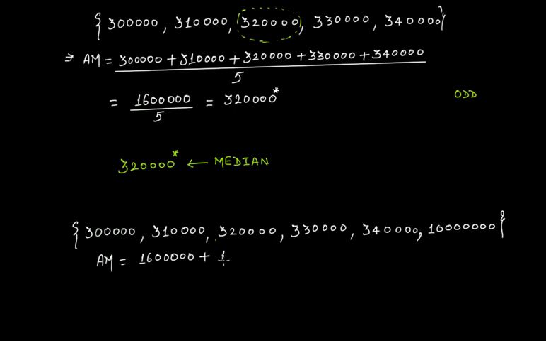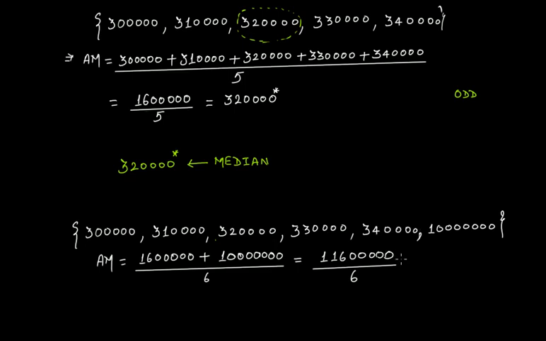16 lakh 345 plus 1 crore, that is 1 crore 16 lakh 12345, divided by 6.